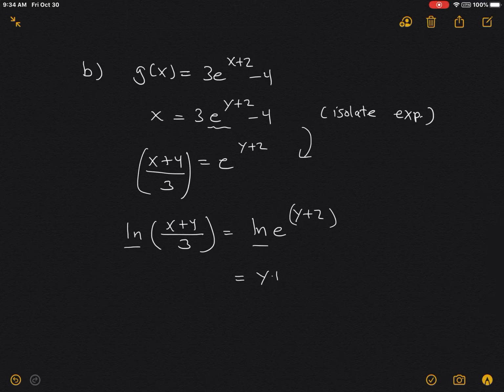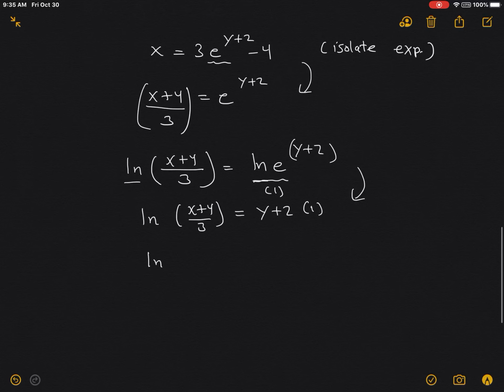And ask yourself, why am I taking the ln of both sides? Because I want to bring this y plus 2 down. If I bring it down, this ln of e right here just becomes 1. This evaluates just to 1. Okay, so that was the key line right here, from this line to this line, by taking the natural log of both sides. Y plus 2 times 1, of course, is just y plus 2.